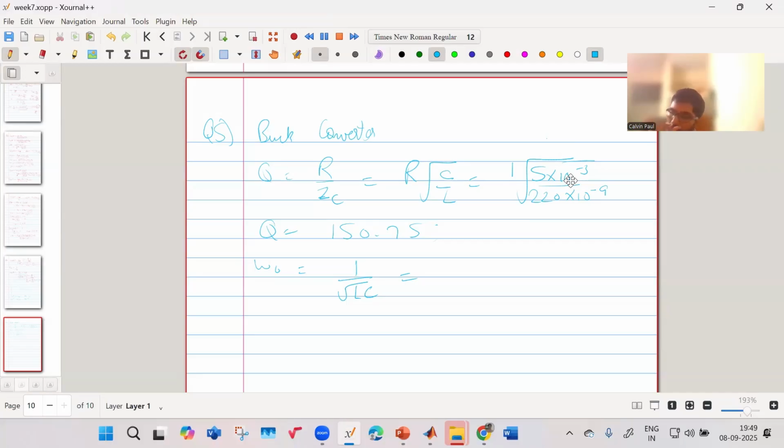So what will be the value of omega naught? Sir, R load is 10, right? No, R load is 1. R load is 1 ohm. Oh, okay.